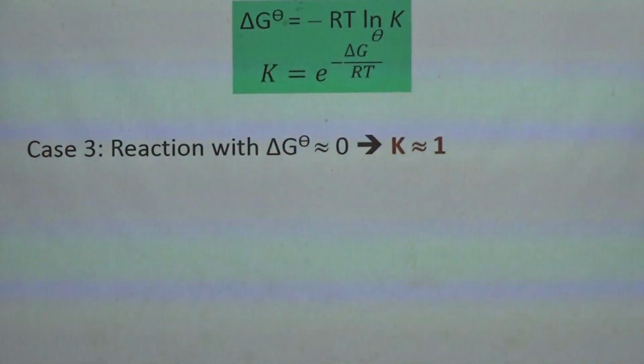And the last case, when delta G0 is approximately equal to 0, or if it's equal to 0, I hope you can see that delta G0 is 0 when K is equal to 1. Because ln 1 is equal to 0. Ln 1 is equal to 0. 0 times T times R times negative sign is also 0.